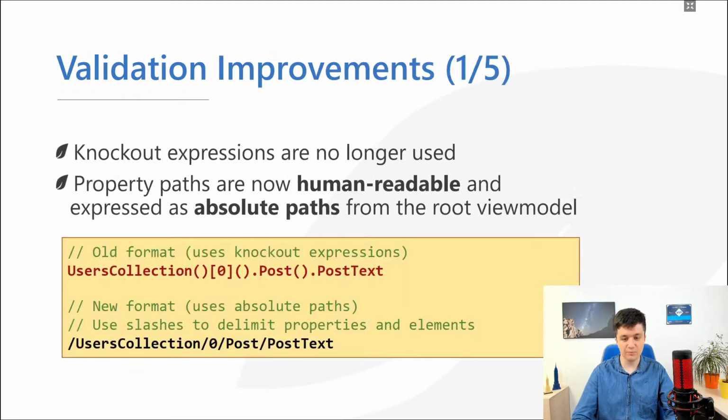So now that I shortly recapped how validation worked, let's have a look at how we improved it. The first big and important improvement is that we are no longer using these old and not really nice knockout expressions when expressing property paths. If you are wondering, and never saw this, how they actually looked like, you can see them in this short code example that I prepared. This old format of property paths is expressed with this red color. You may notice there are so many parentheses.